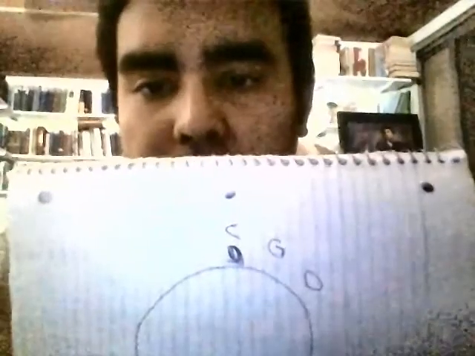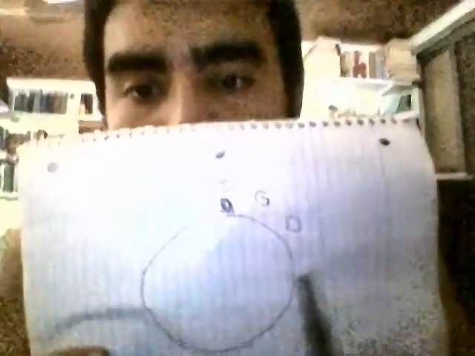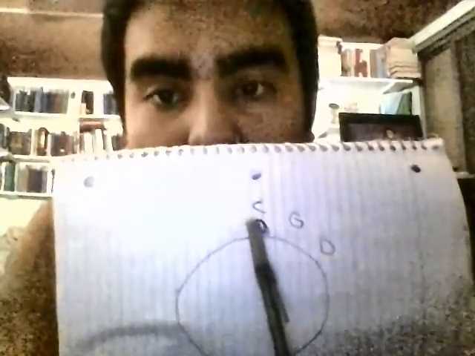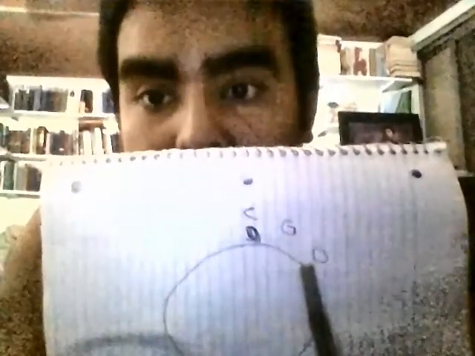G, A, B, C, D. D is the fifth. Well, that's really crappy because the next one will be like right here. So from C, up a fifth from C is G. From G, up a fifth from G is D.